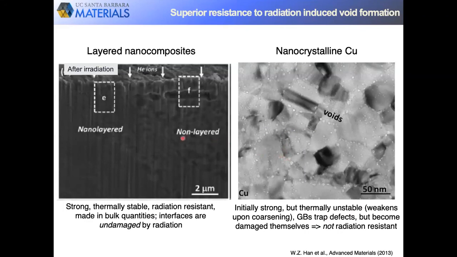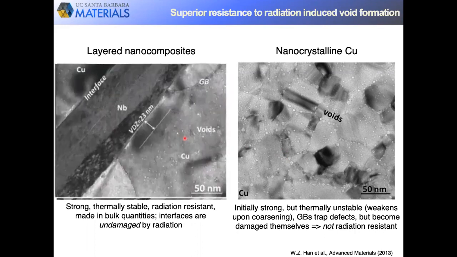So in applying the same type of exposure to these nanolayer composites, we find that they seem, superficially, to be resistant to any type of radiation damage, as opposed to an adjacent non-layered material. If we look a little closer, we find that the damage is comprised mainly of voids that formed within the copper and not within the niobium or at the interfaces themselves.